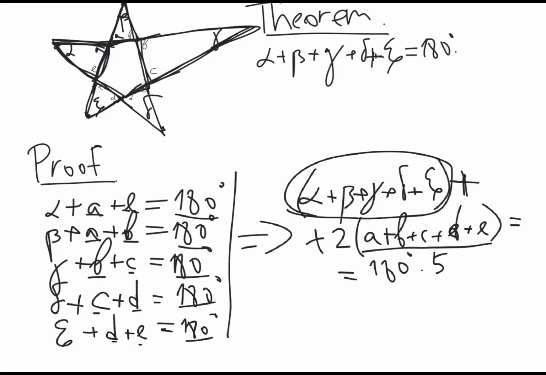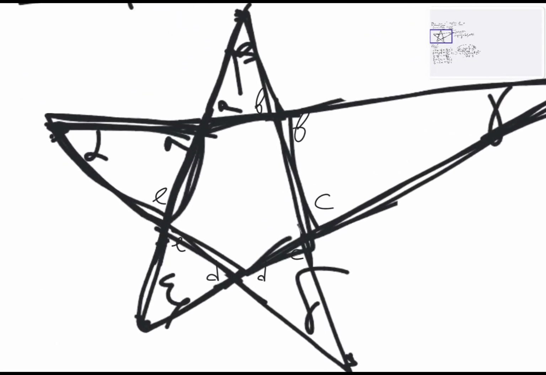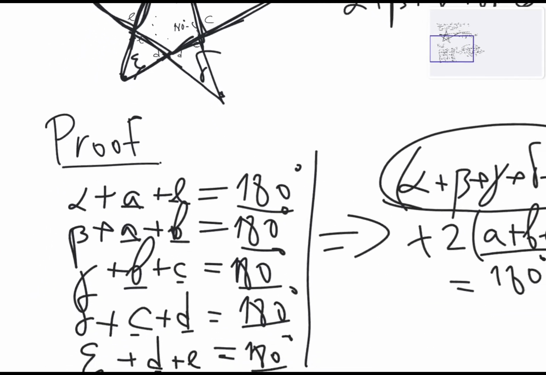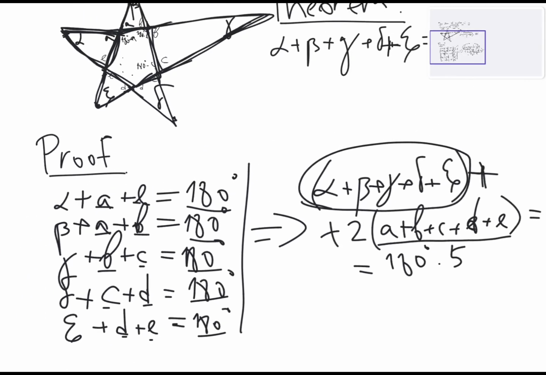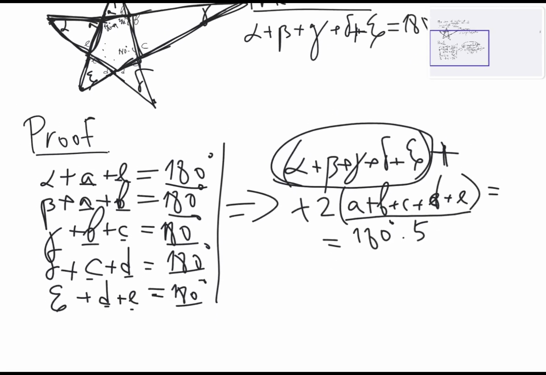So the angles in this pentagon are basically: this angle is 180 degrees minus A, this angle is 180 degrees minus B, this angle is 180 degrees minus C, and so on. Because A, B, C, D, and E are external angles in this pentagon.